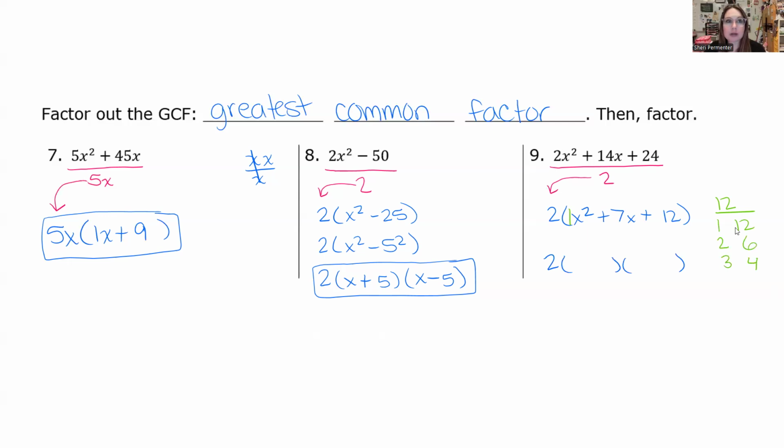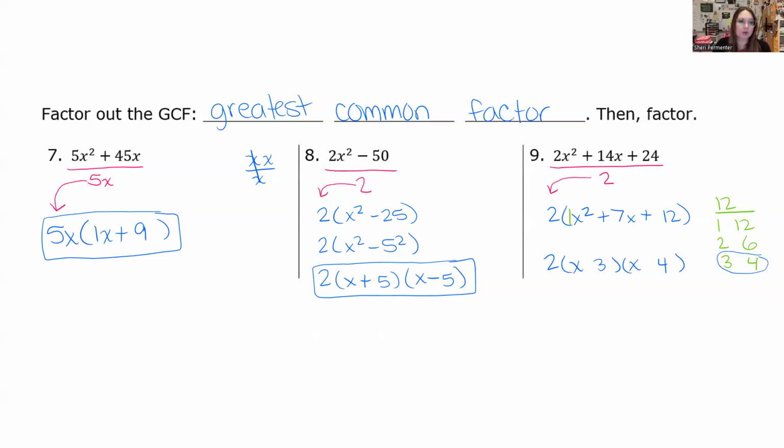So which factor pair can I put together to make 7? And this is one of those situations where these are both positive, so they're both going to be positive. And I will start out with x and x. Yes, 3 and 4 can put together to make 7.